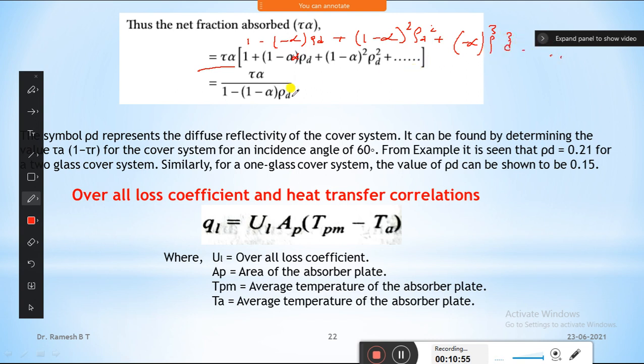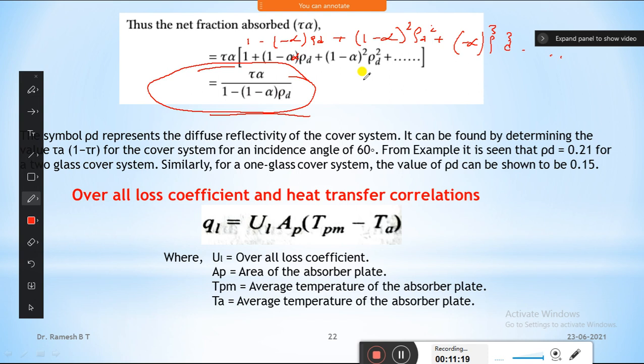And finally we can write that equation as the fraction absorbed by the absorber plate: tau alpha divided by 1 minus (1 minus alpha) rho d. So this equation you should remember. This is the product of transmittivity and absorptivity.